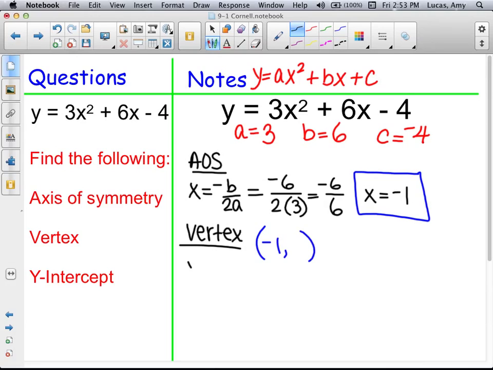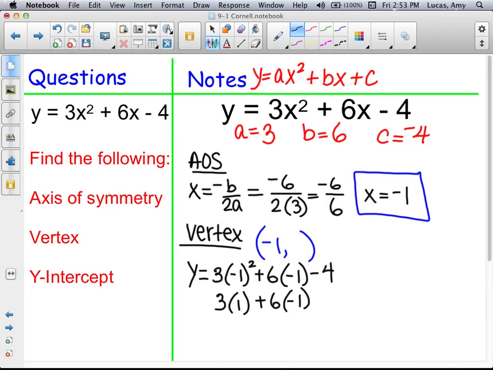So I'm going to take the value, x equals -1, and I'm going to plug it in where I see x in the original quadratic. -1 squared is 1. So I do my exponent first, then I can multiply from left to right, and then add or subtract. So I get -7. So -1, -7 is my vertex.